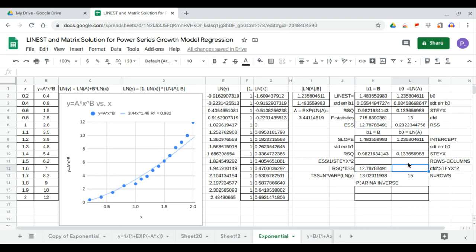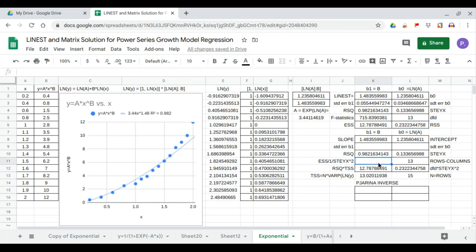And the degrees of freedom, which is equal to rows minus columns of the dataset range, 13, which matches our LINEST output. Our residual sum of squares is degrees of freedom times STEYX squared, STEYX to the power 2. 0.2322 matches our LINEST output.